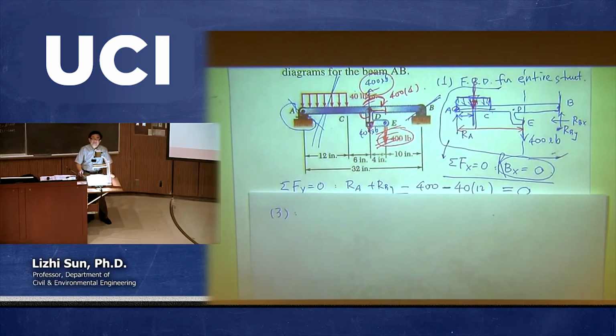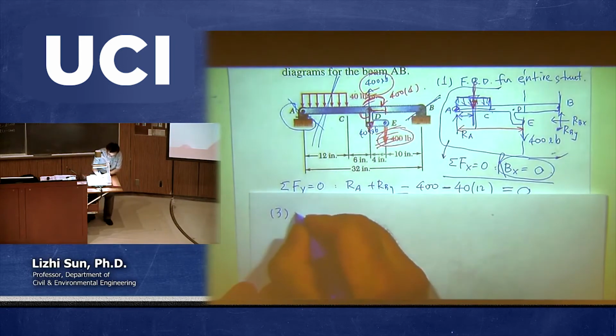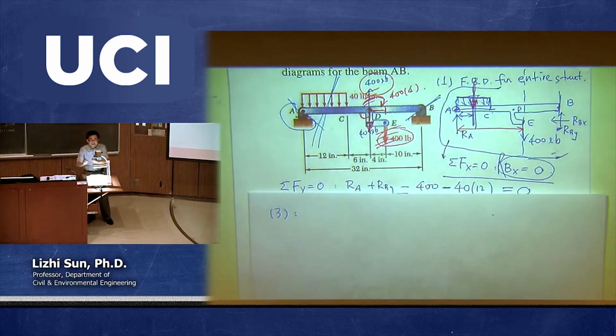We're not really cutting the beam. If you build a bridge, in order to calculate the bending moment or shear force, are you going to cut the real bridge? So that's called a virtual cut, just basically to calculate in a virtual way, right?